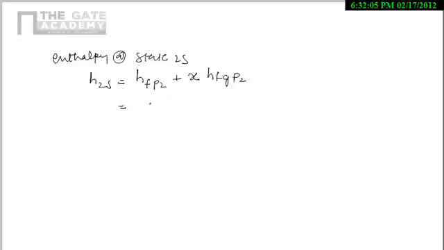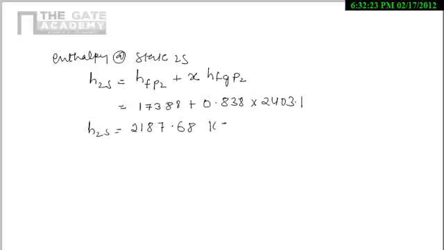If we put all these values, that is 173.88, plus the value of x 0.838 times hfg at P2, 2403.1, we will get h2s as 2187.68 kilojoule per kg. So by this way we can get the enthalpy at state 2s.